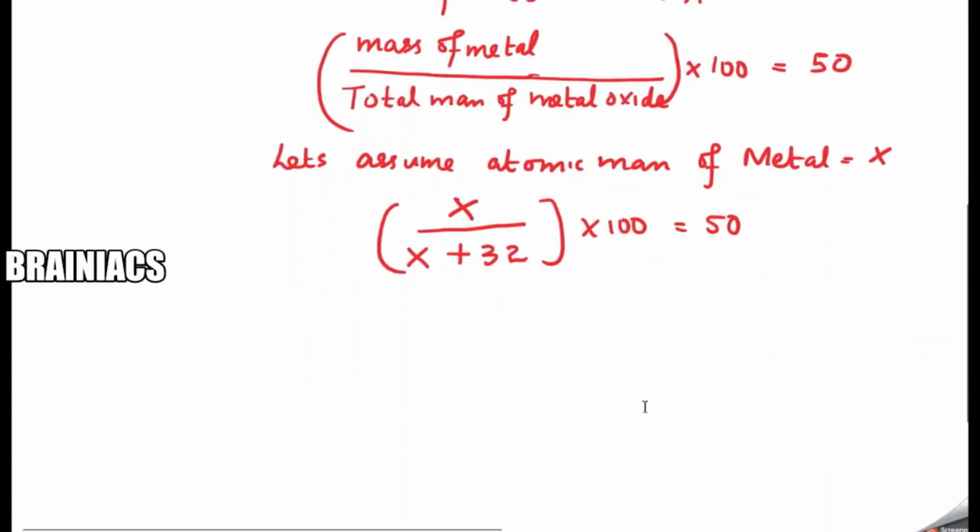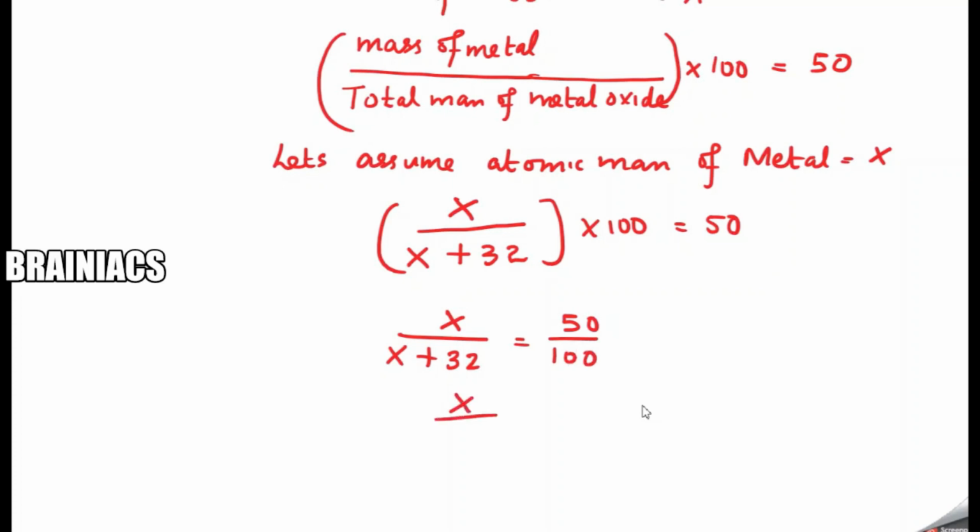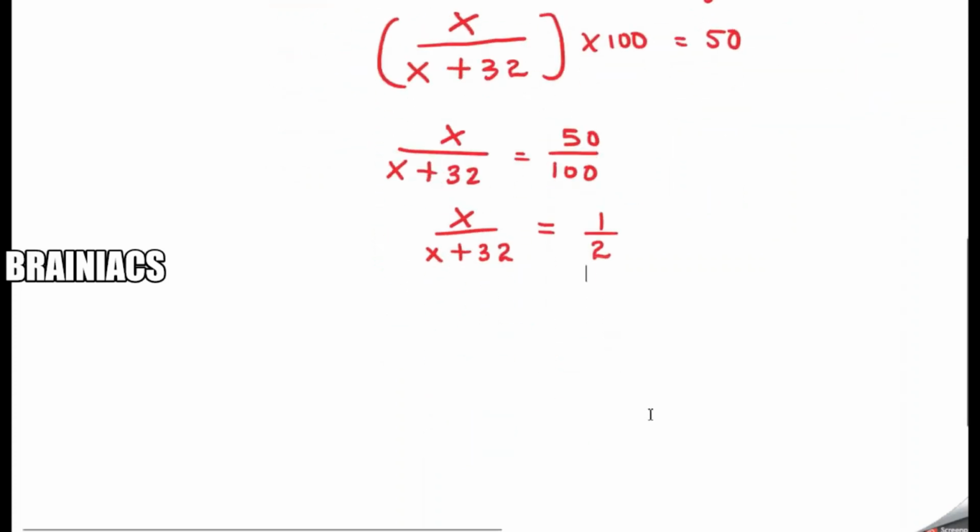So how can we calculate X from this? We can rewrite the equation as X divided by X plus 32 is equal to 50 divided by 100. So this will become X by X plus 32 is equal to 1 by 2. Correct? So we can cross multiply this.